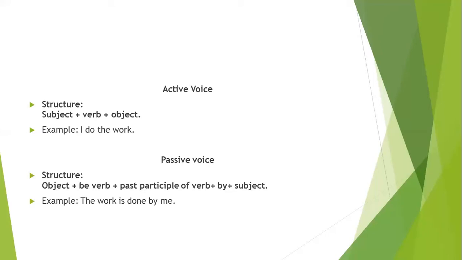And then a be verb has been added, that is is. And next, the past participle form of the main verb, that is done, has been used instead of do. Then by has been added, and then the subject has been changed to object, which is me.